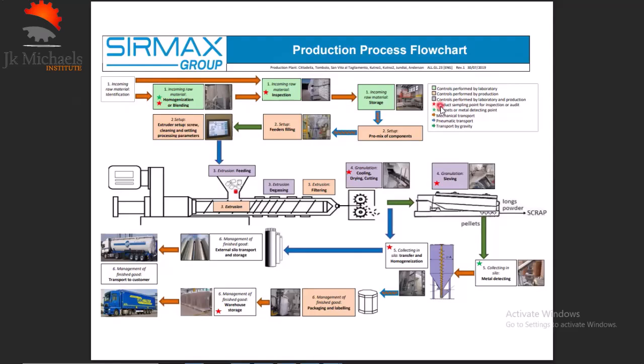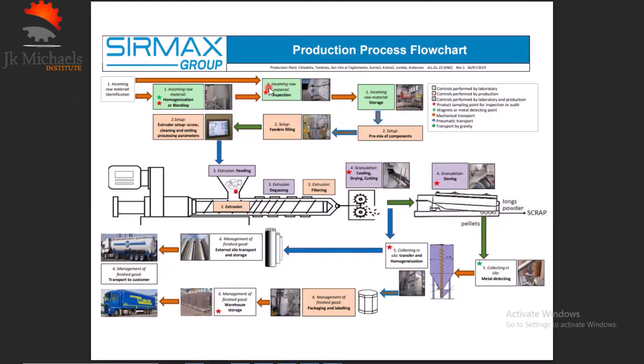The red star means product sampling point for inspection or audit, right? So meaning this is also a sampling point for inspection or audit, and then magnet or metal detecting point, right? It's also a magnet or metal detecting point for the incoming raw material.